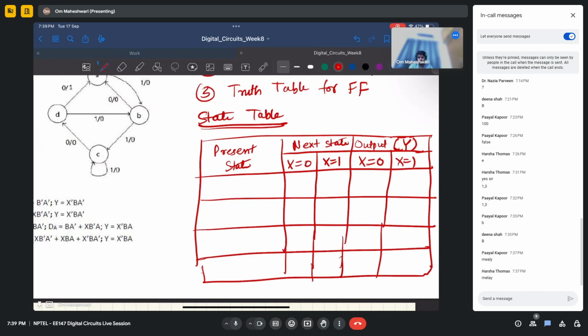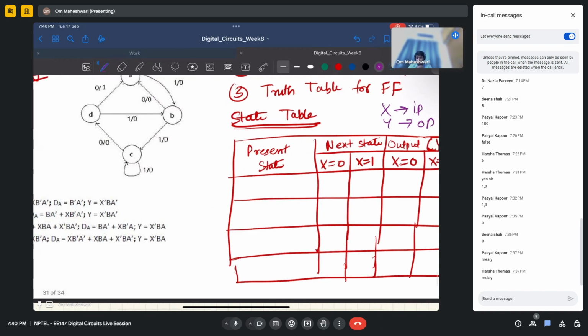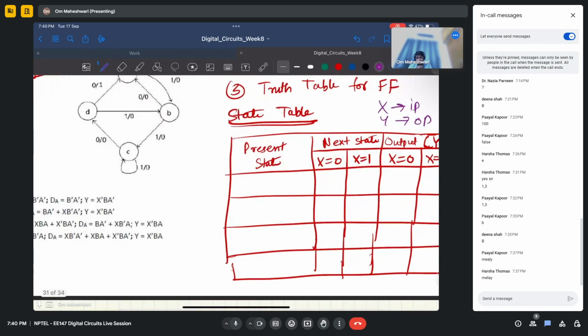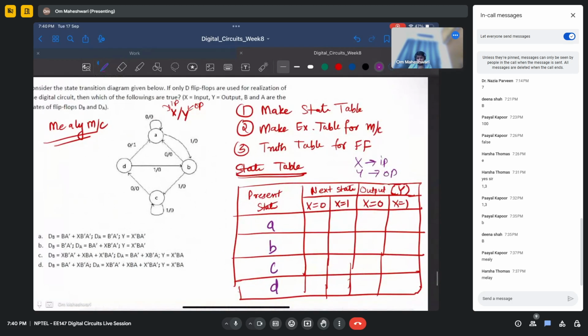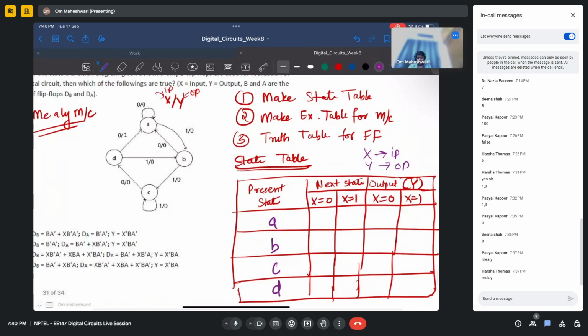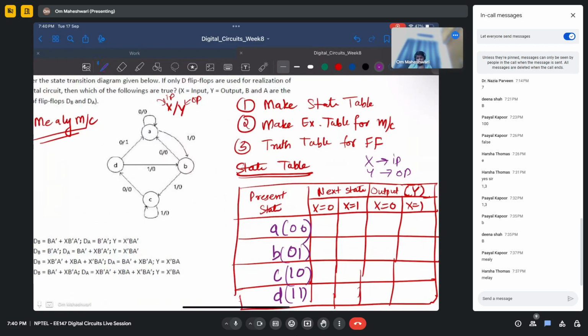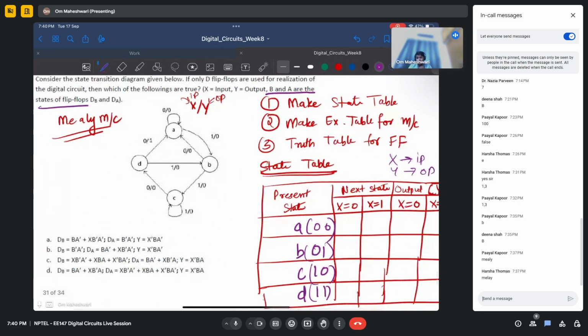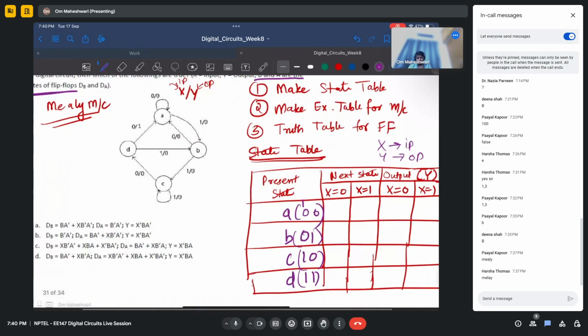Here again your X is input, Y is output. We have four states, A, B, C, and D. We can also represent these states in terms of binary numbers like 00, 01, 10, 11. Let me just give this coding here. This is what is in your given question: B and A are the states of flip-flops. So we will use this B and A.